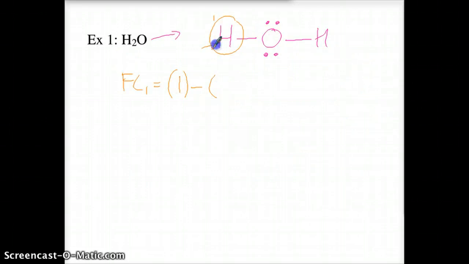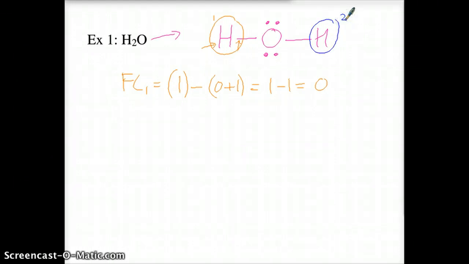Does this atom have any non-bonding electrons? Are there any just dots around it? No, so it's 0. Plus the number of bonds that hydrogen has. Well, I just see 1 bond right here. So 0 plus 1. This becomes 1 minus 1, so the formal charge on that atom of hydrogen is 0.